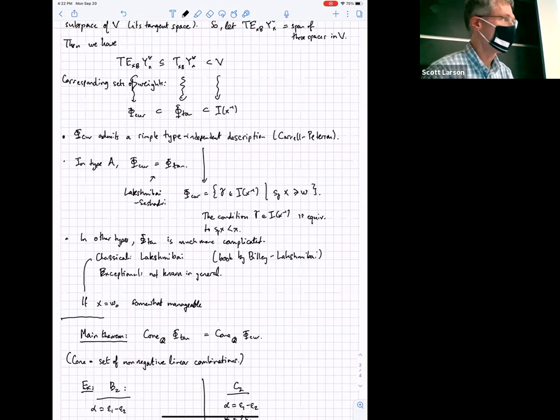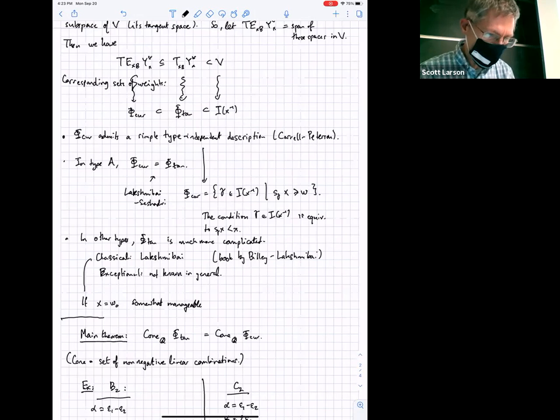I don't have one at hand, but if the point is a smooth point of the Schubert variety, then these two sets coincide. There are many smooth points of Schubert varieties, so the sets phi cur and phi tangent will coincide for some points of Schubert varieties in any type.